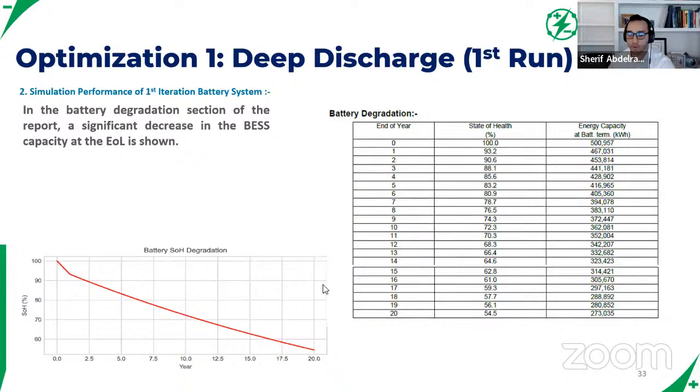Now, one thing you'll learn, and this is really getting into the weeds, is that most LFP OEMs will tell you, yep, you can use our batteries beyond 65% state of health, but we just won't guarantee it.